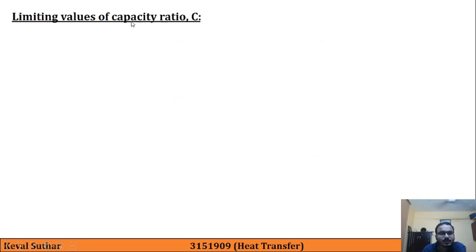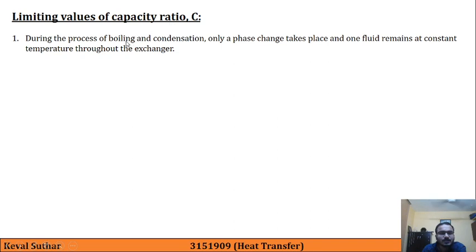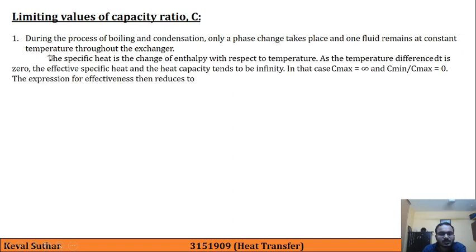The next is limiting values of capacity ratio C. So in boiling and condensation only phase change happens. So one fluid remains at constant temperature throughout the heat exchanger. So here as I was telling you that C is proportional to 1 upon delta T. So if delta T is 0, then C will go to infinity. So if delta T tends to 0, then C tends to infinity, and it will be the maximum one.